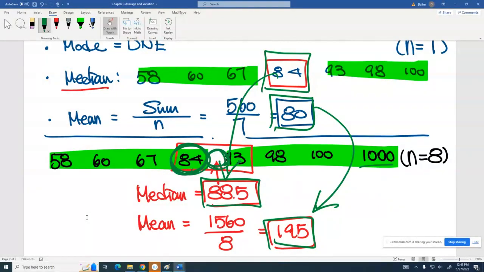See, the mean is very sensitive to an extremely bigger value, and also an extremely smaller value. We call them outliers. It depends on the outlier because we have to take the sum, right?